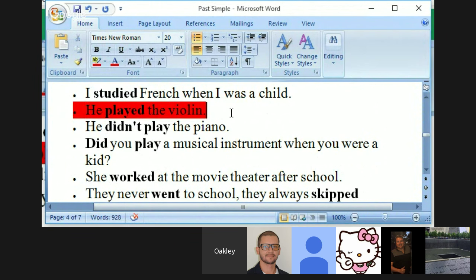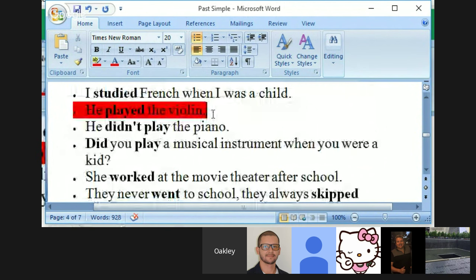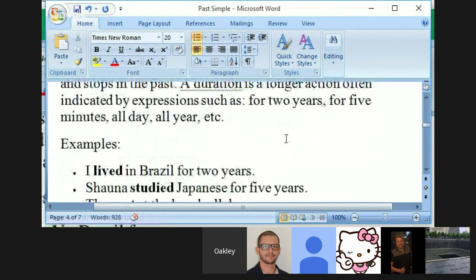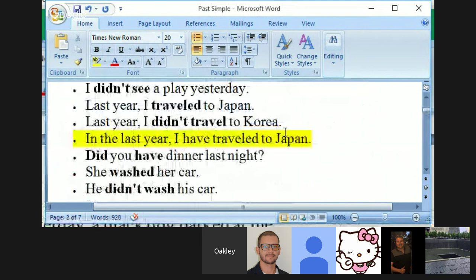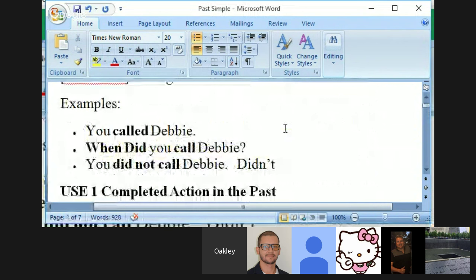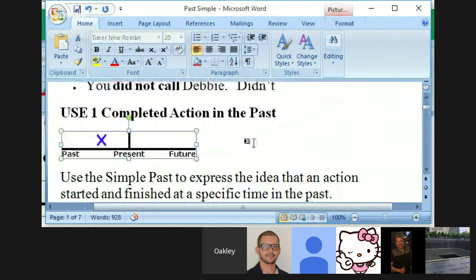It doesn't work. So if we don't have some kind of phrasing, then as a native speaker, I personally would automatically assume that that is a one-time finished action. That is the natural default position, by the way. If it's not made clear through time phrases or what have you, then the natural default position for simple past, what I would conceive, is that it's just a finished action, and that's it.